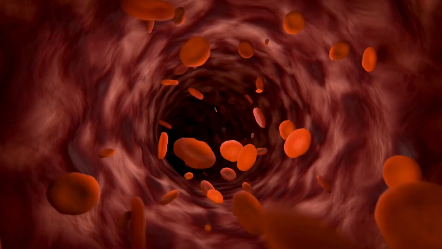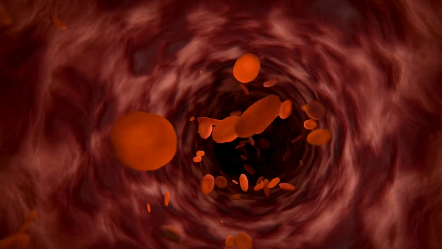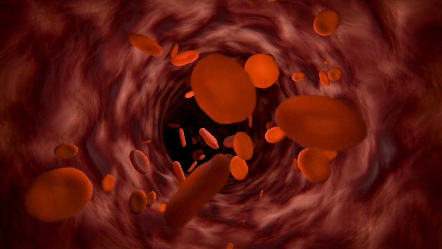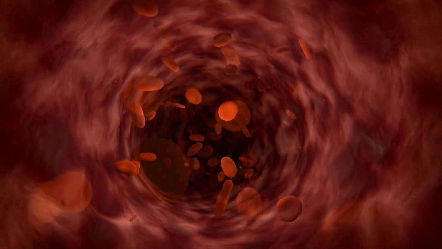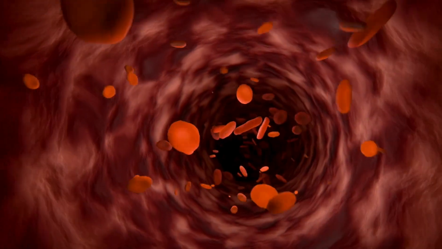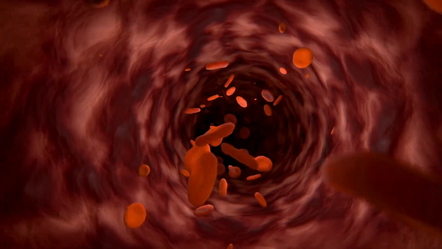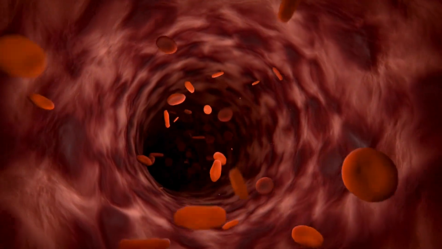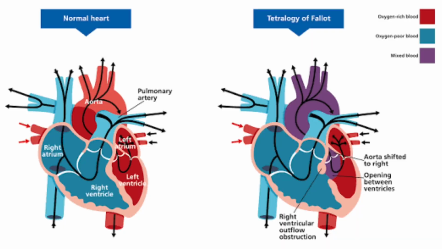Pulmonary stenosis. In tetralogy of Fallot, why does right to left shunting occur? Because the increased pressure in the right ventricle, caused by the stenotic pulmonic valve, causes the blood to be shunted through the path of least resistance, i.e., to the left ventricle through the ventricular septal defect.